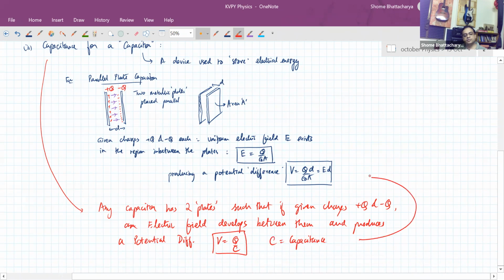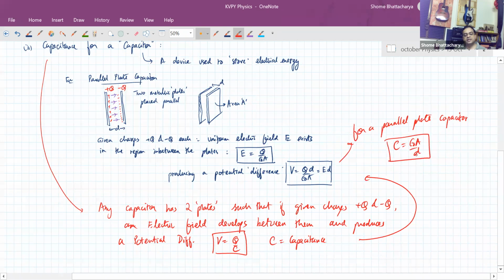So now you can see in the case of the parallel plate capacitor, by comparing, you can see the value of the capacitance is epsilon naught A by D.